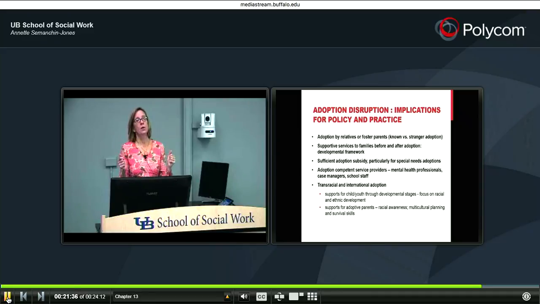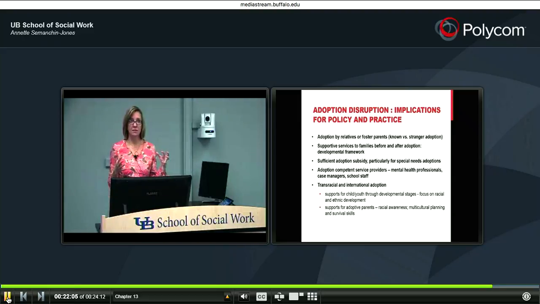What do we know from the research that has looked at this? Adoption by relatives or foster parents are much more likely to remain permanent versus a stranger adoption. So if you didn't know that person prior to being adopted, those are a greater risk for adoption disruption. We also know that a protective factor is to really have supportive services in place for families, both before and after adoption.